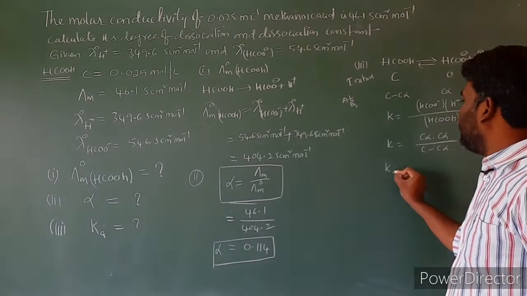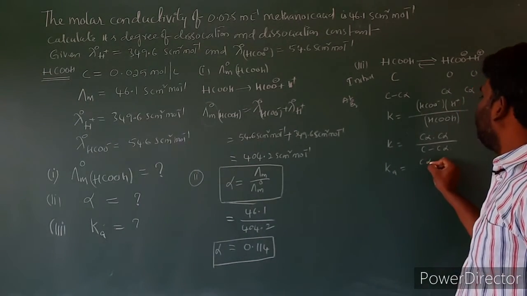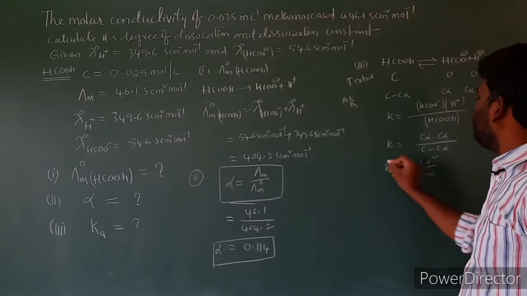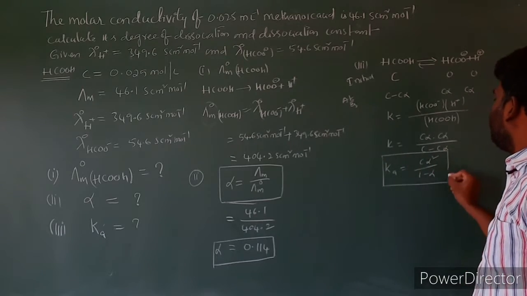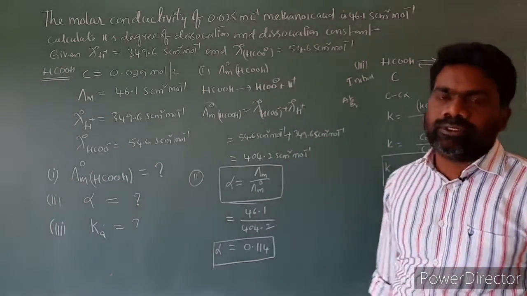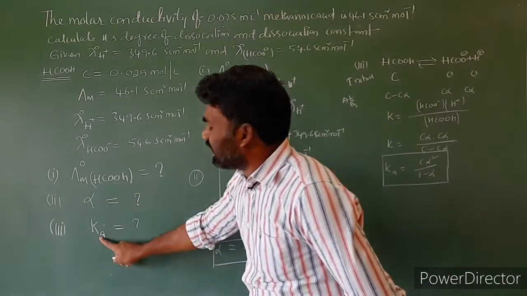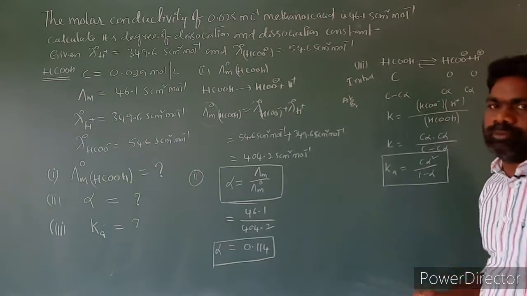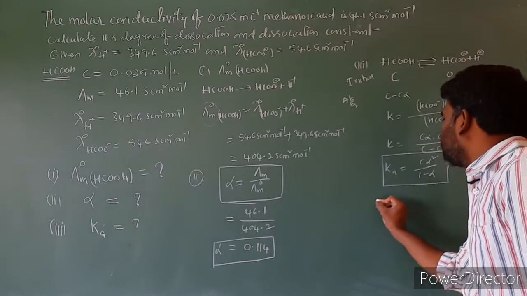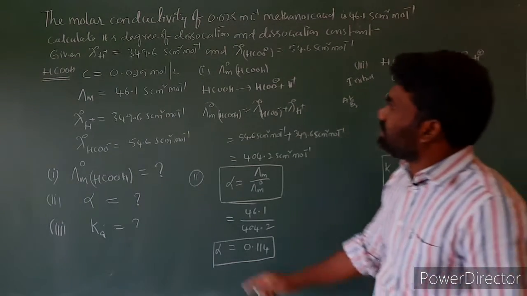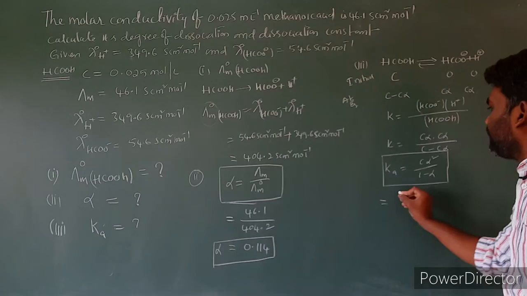Upon this we will get Ka directly as C alpha square by 1 minus alpha. So this is the formula we have to use to solve the third question, the Ka value, dissociation constant of methanoic acid. So substitute the values. C is given, how much? 0.025.